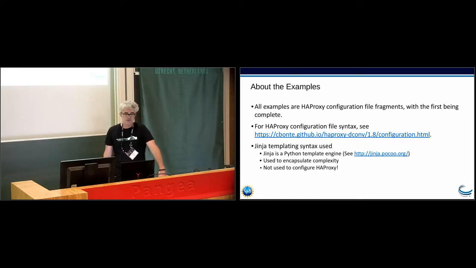Also, some of the syntax gets verbose and messy, so I'm using Jinja templating to encapsulate the complexity. I apologize for the level of indirection, but the slides were unreadable without it. The templating is definitely not required for HAProxy. HAProxy has no understanding of Jinja at all.